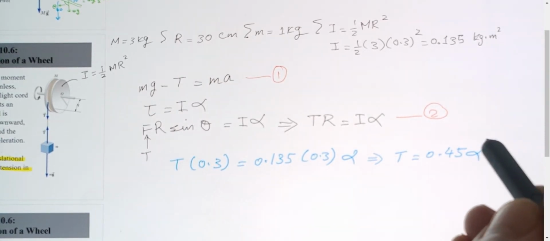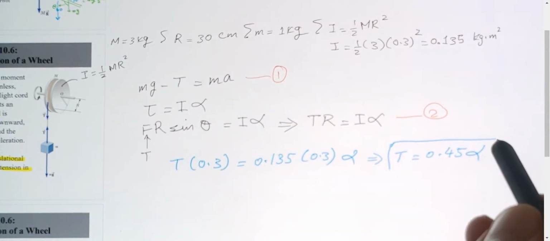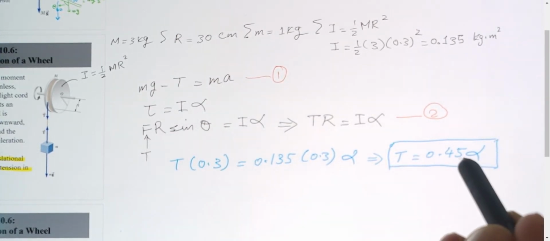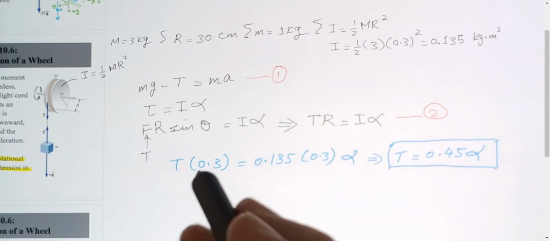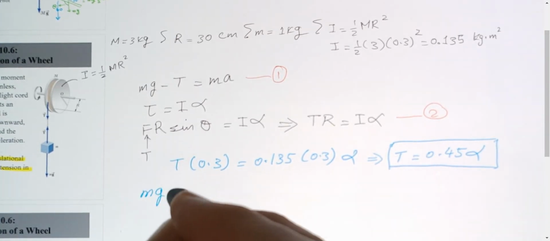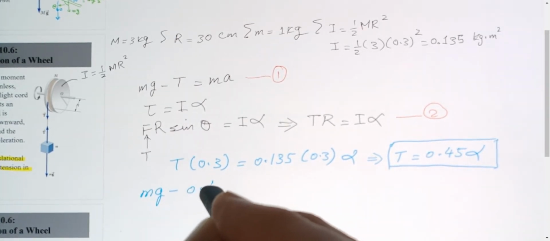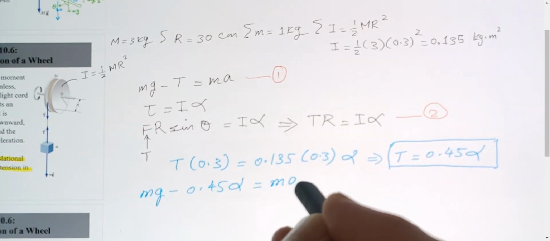So I know that from this equation, I know that tension is 0.45 alpha.